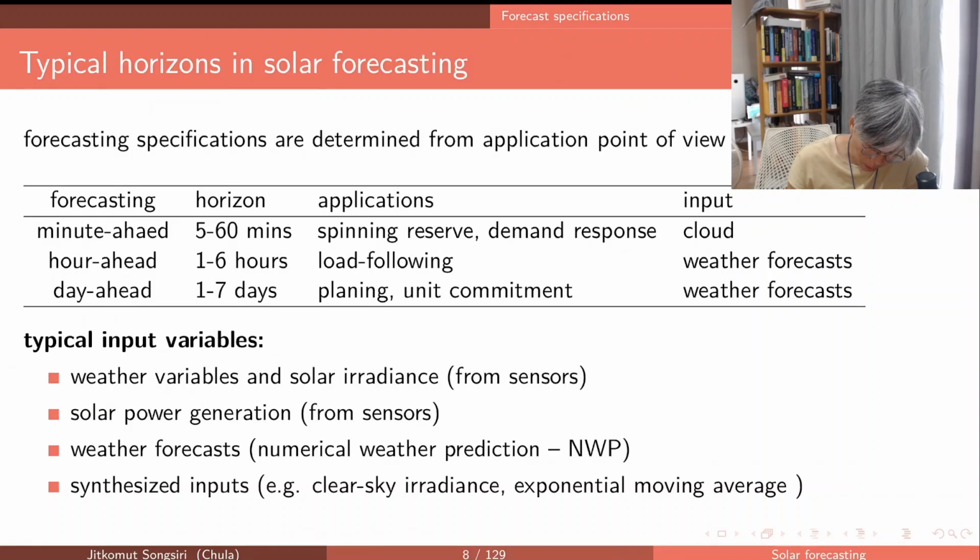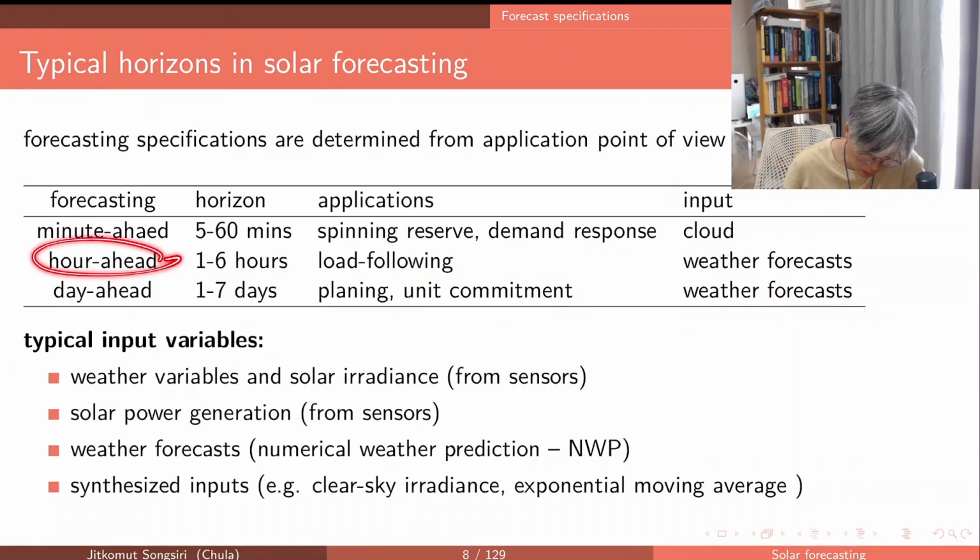I have some examples here. For day ahead, 1 or 7 days, for the power system operator, they decide the generation planning and unit commitment, where they have to commit, for example, tomorrow which generation should be ready, on standby, in order to supply power to the system. Typically for day ahead, the inputs of the model would involve the weather forecast.